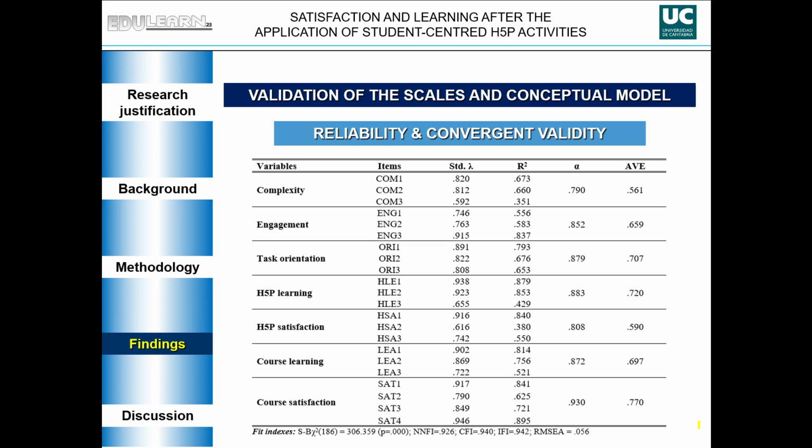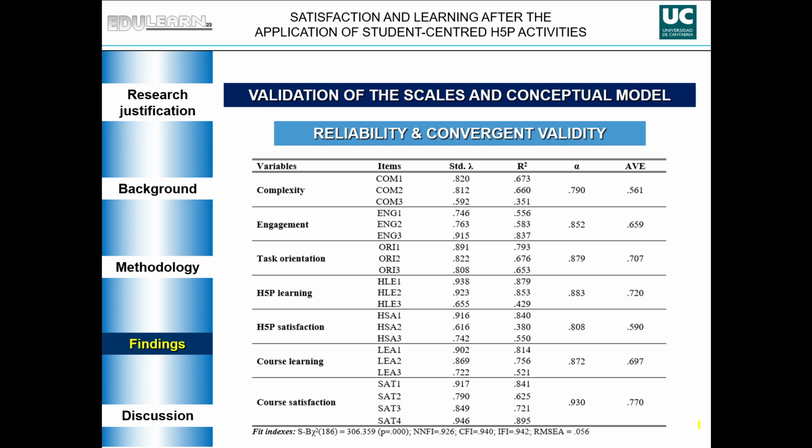As far as the results of the confirmatory factor analysis are concerned, we can see that the results were nice and that the measurement scales were adequate for the purposes of our research. Based on Cronbach's alpha and the average variance extracted indexes, we can conclude that the scales were reliable. In all cases, the indexes were above the minimum recommended levels of 0.7 and 0.5 respectively.